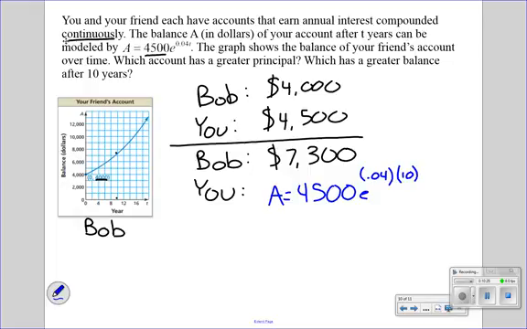Note that 0.04 times 10 is just 0.4. So we can do 4,500 times e to the 0.4. And we get that you had $6,713.21 in your account. So after 10 years, Bob has more money in his account than you do, even though you started with more money than Bob.